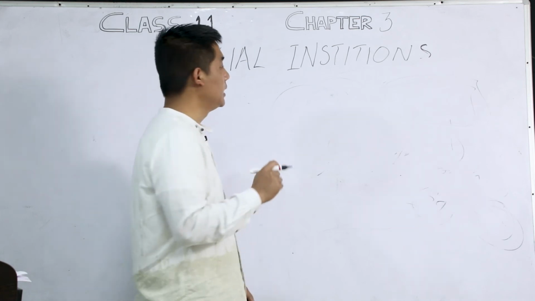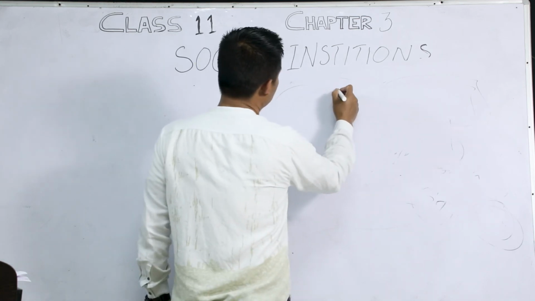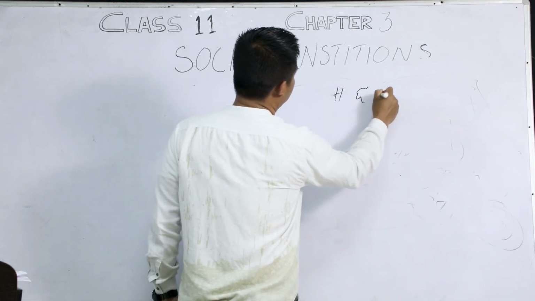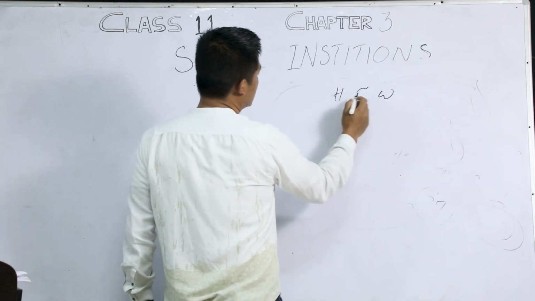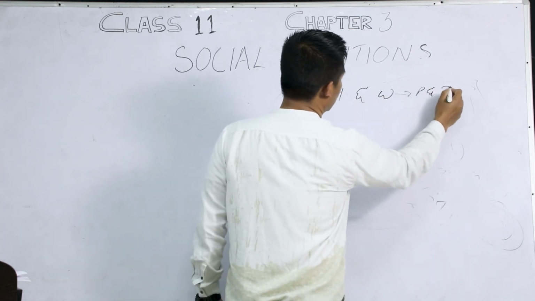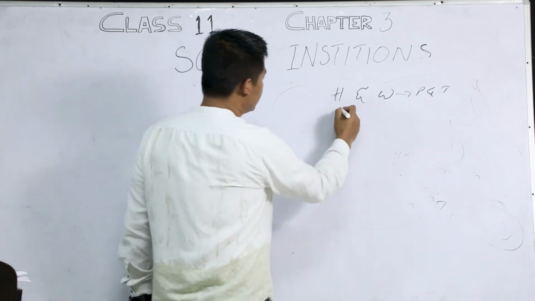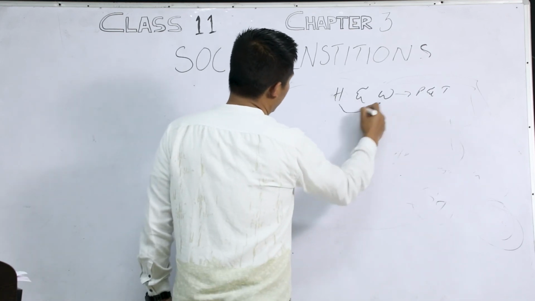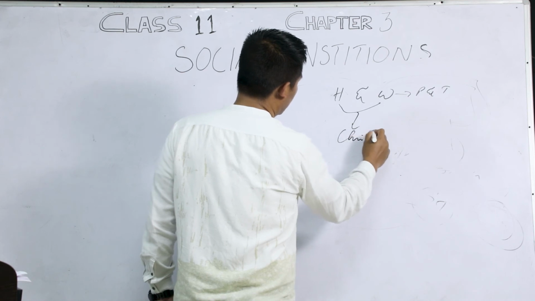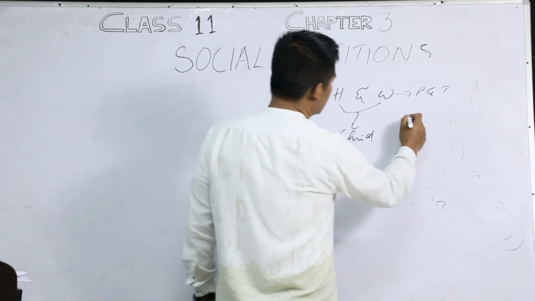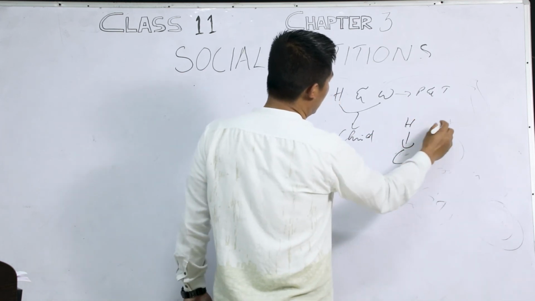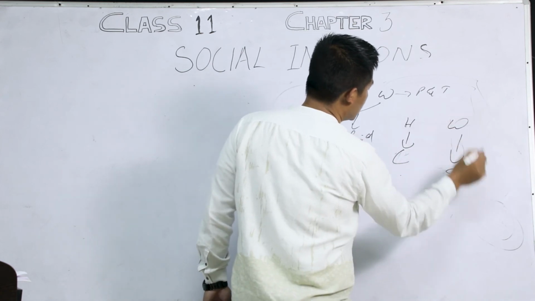According to Nimkov, it is an association between the husband and wife, which is sometimes permanent and sometimes temporary. But a family includes the husband, wife, and the children, or sometimes just husband and the children, or just wife and their children.